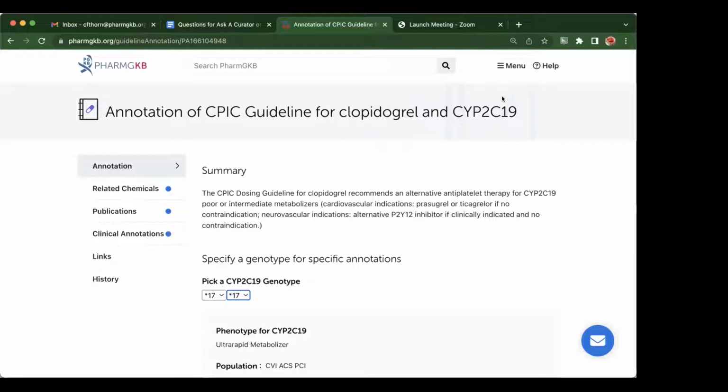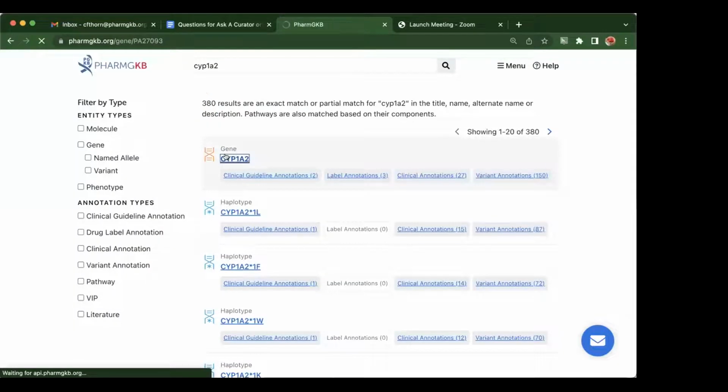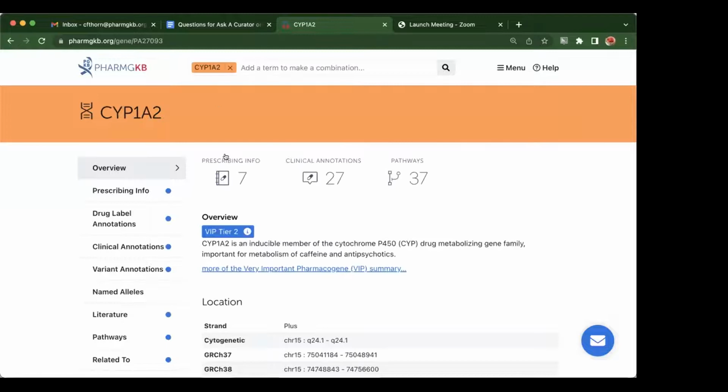The trouble I come up against, that maybe some other folks on this call have too, is when I'm trying to research a gene that is somewhat commonly tested for, but doesn't have any CPIC or other clinical guidance. A really easy example is CYP1A2, for instance. Or MTHFR is another really good one. Yeah, okay. I know. Yes, I'm aware. It's horrible. I don't condone it, but when you're a clinician, you have to deal with it.